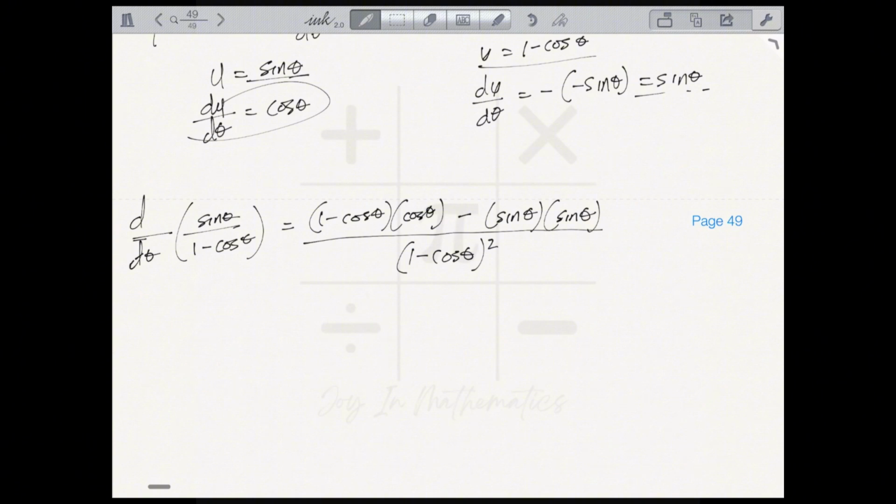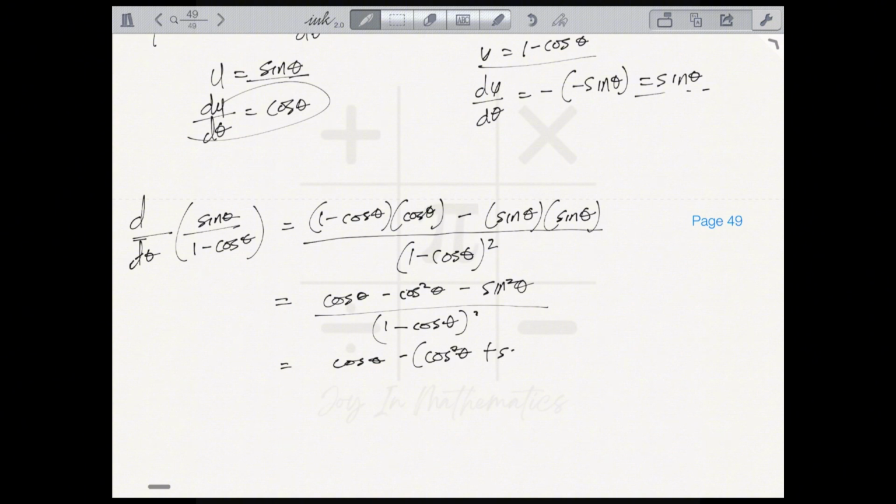Now let's simplify further. This will give us cos theta minus cos squared theta minus sine squared theta, divided by (1 minus cos theta) squared. This will give us cos theta minus (cos squared theta plus sine squared theta), that's factorizing with minus 1, divided by (1 minus cos theta) squared.